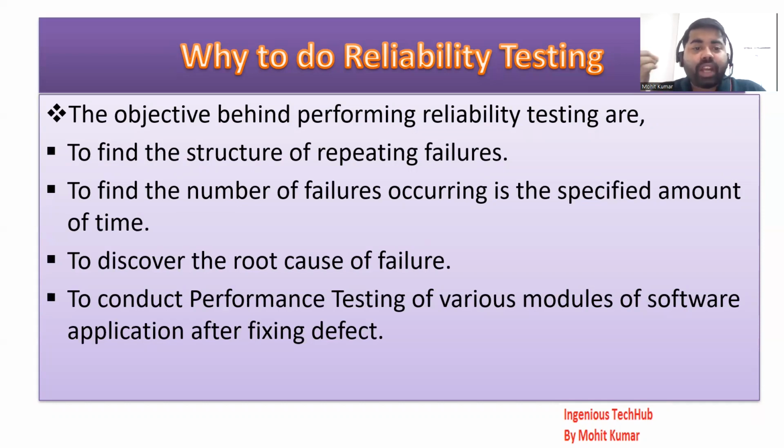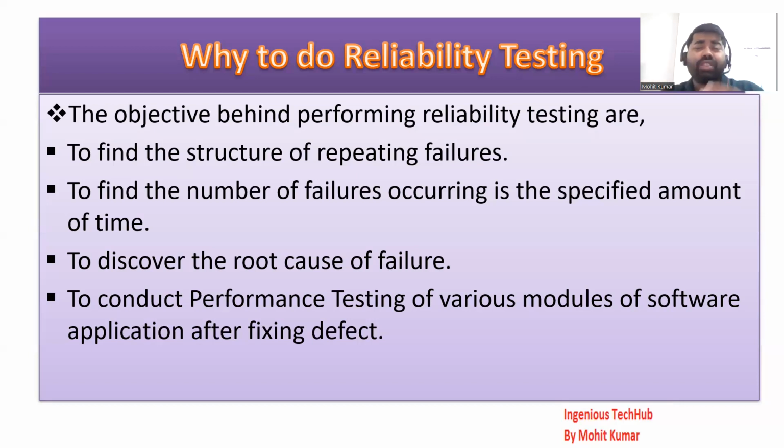The objective behind performance reliability testing is to find the structure of repeating failures. Sometimes when you run the application you get an error, and sometimes you don't, so we observe these repeating failures. Or with 100 users it works, but with 500 users your application is a bit slow.